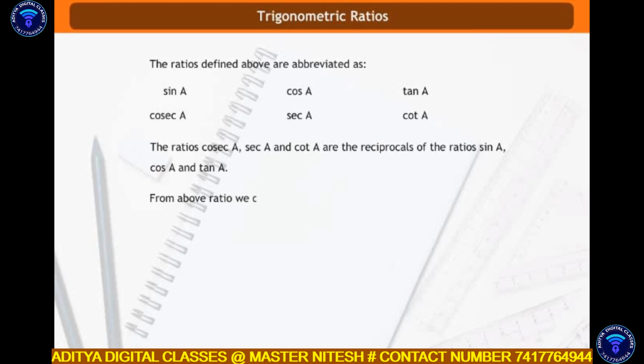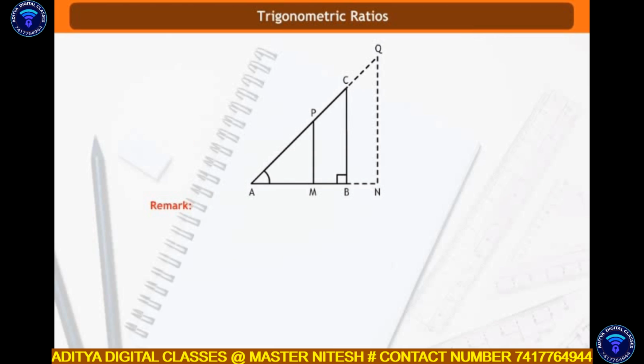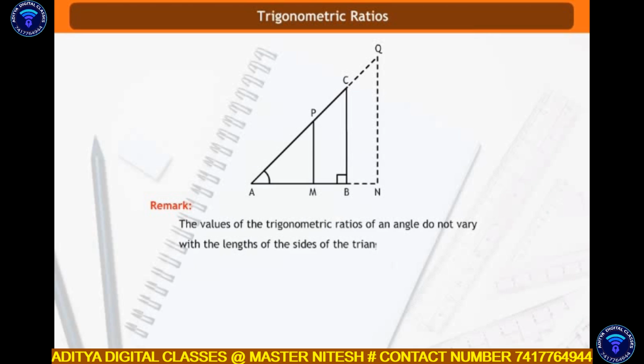From the above ratios we observe that tan A is equal to BC by AB, which is equal to BC by AC divided by AB by AC, which is equal to sin A by cos A. Similarly, cot A is equal to cos A divided by sin A. Remark: the values of the trigonometric ratios of an angle do not vary with the lengths of the sides of the triangle if the angle remains the same.